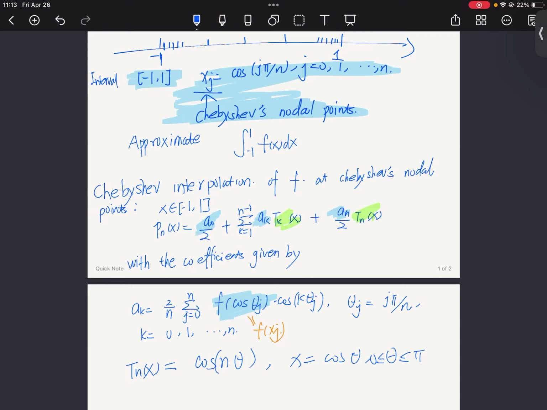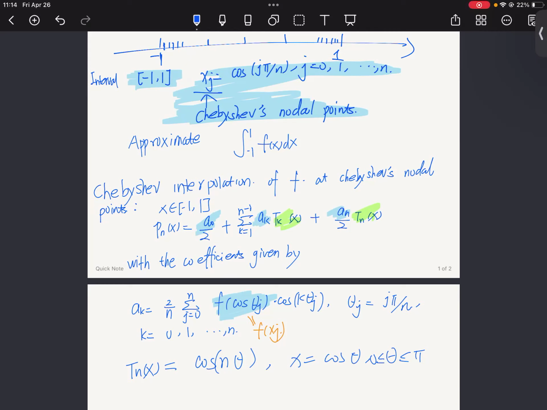So this cosine theta function is mapping the interval 0 to pi to the interval -1 to 1.